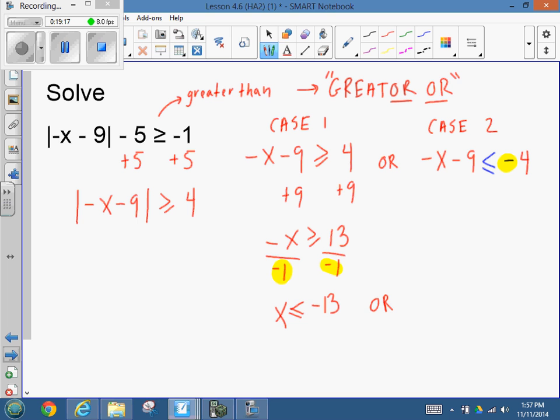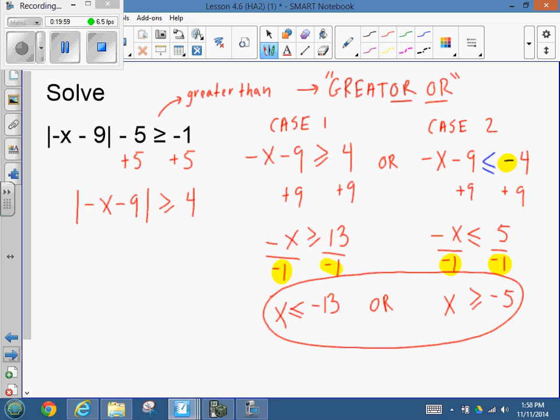Or we will now solve out the second part. I'm going to add 9 to both sides, and negative x is less than or equal to 5. Divide by negative 1, and again, we're dividing by a negative on both sides, so therefore, we are going to have to switch the signs. And we get the following results.